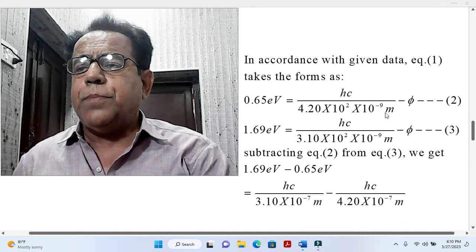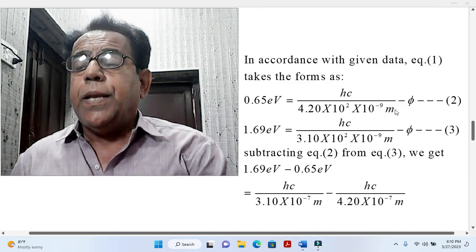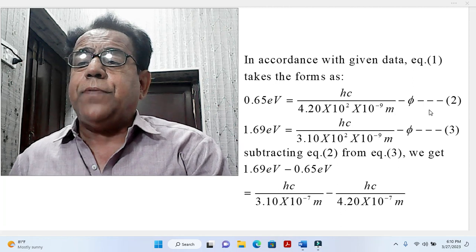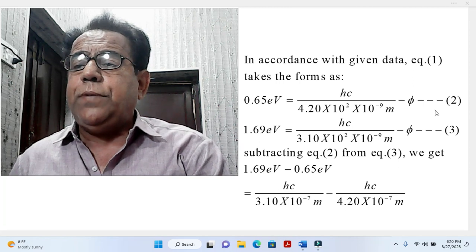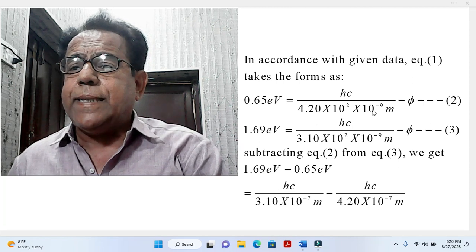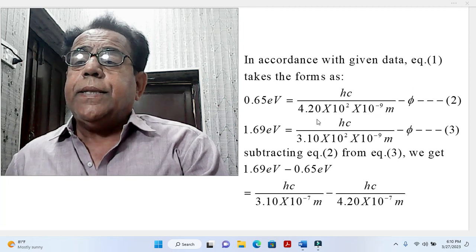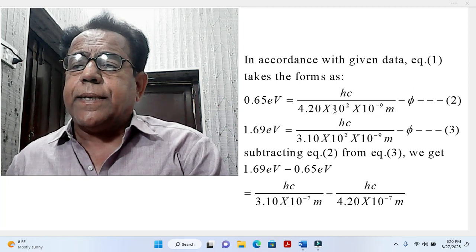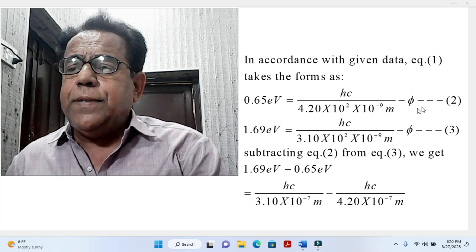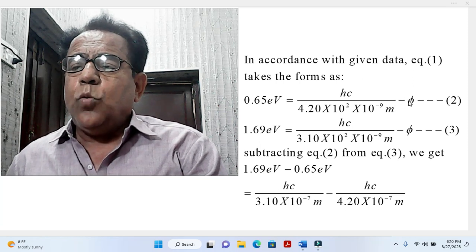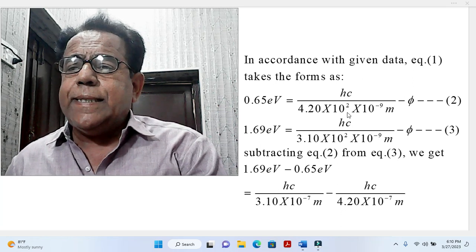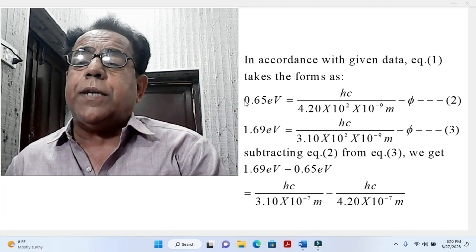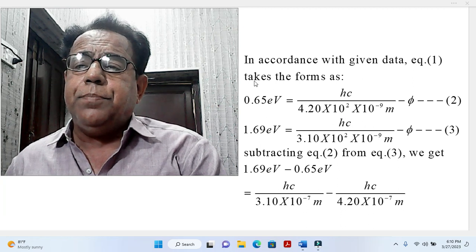From here, dear students, we have made such an arrangement that this denominator is multiplied with this factor, and then this is transferred to the other side of equality, and then this will be multiplied with this.